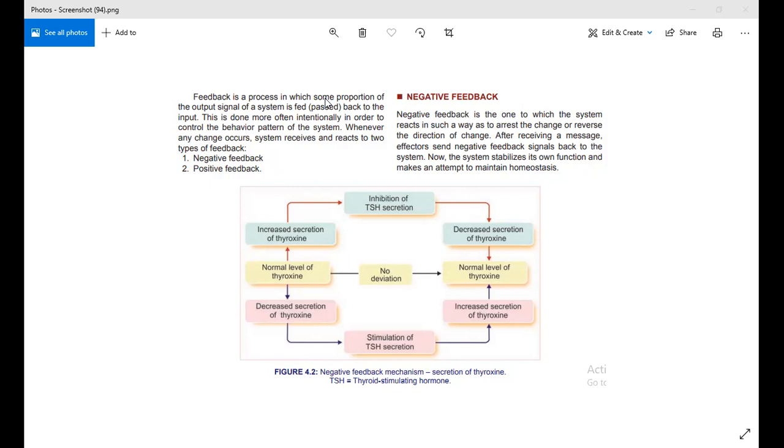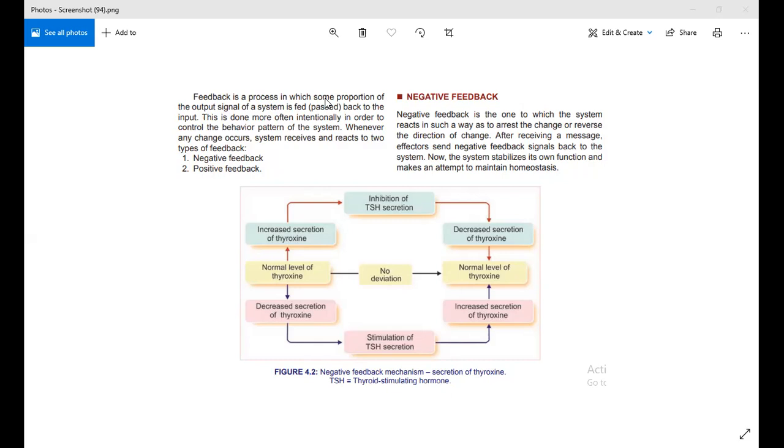That will help the effector or the control center to know whether to stop the action or to continue the action. So that is feedback mechanism. In simple terms, some proportion of the output signal of a system is sent back to the inputs.